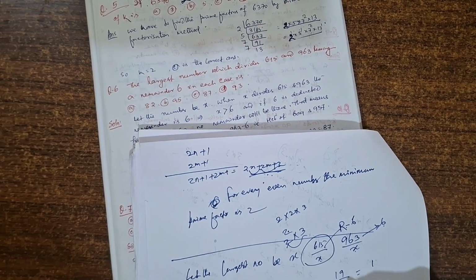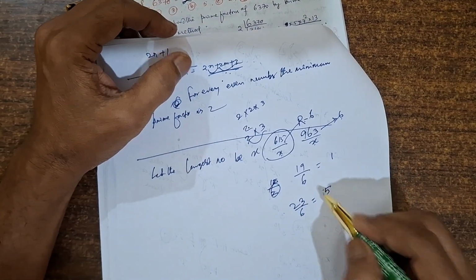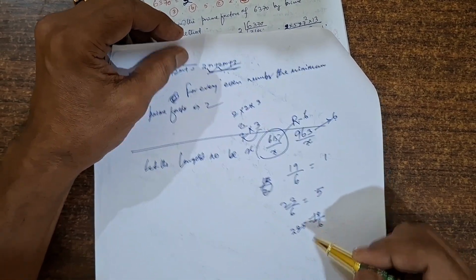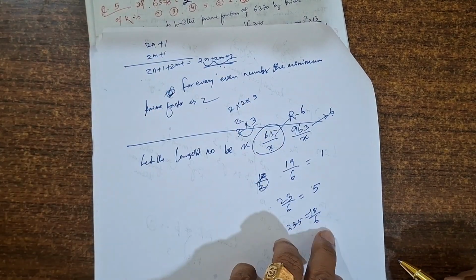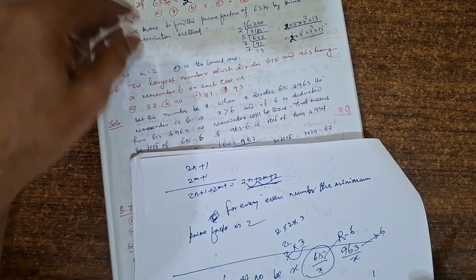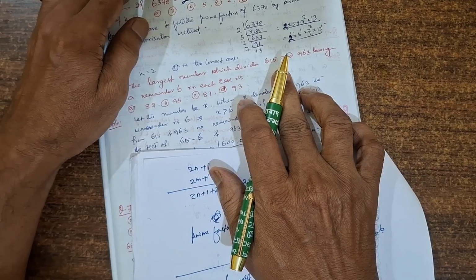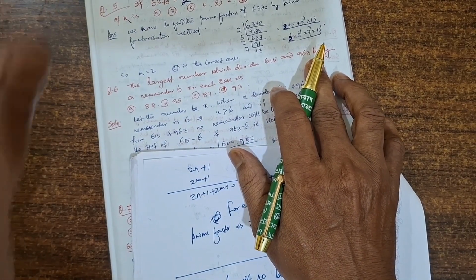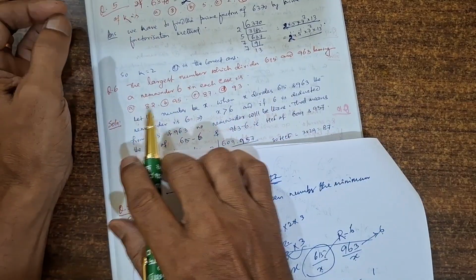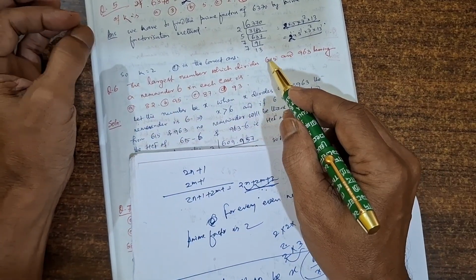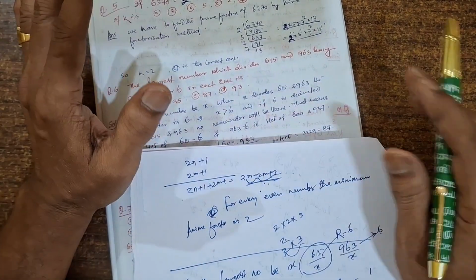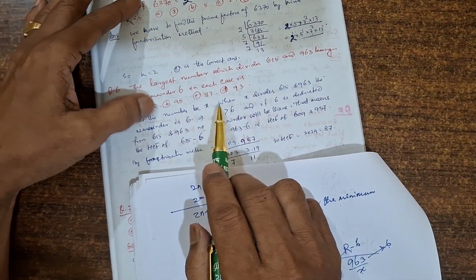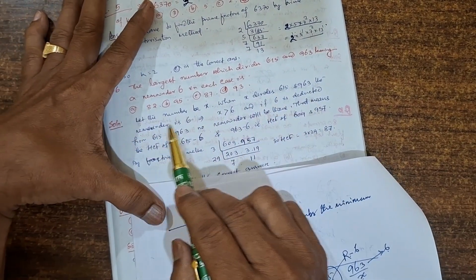If you deduct that remainder, 23 minus 5 is equal to 18, it is divisible by 6. So the numbers are 615 and 963. When you are dividing with any factor, there will always be a remainder 6. Then if you deduct that 6, there will be no remainder.